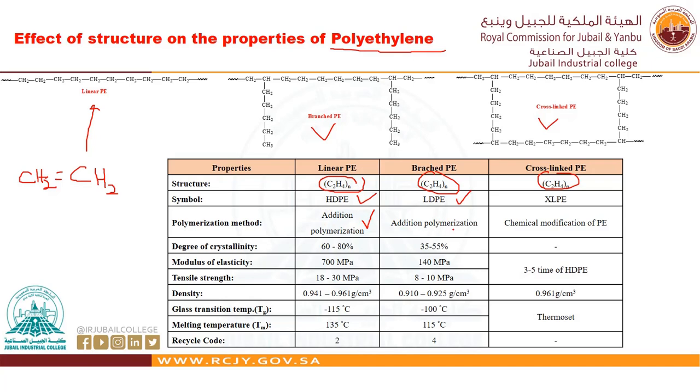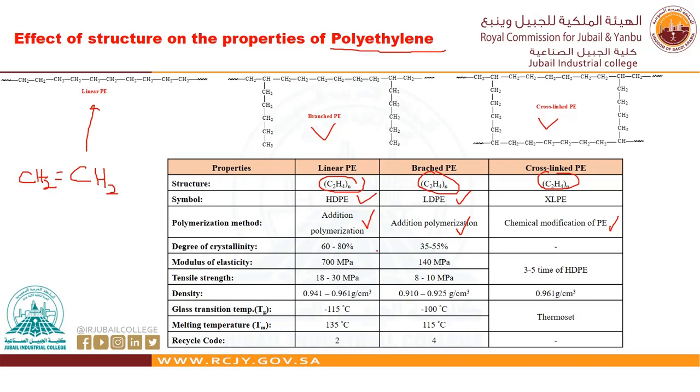The branched polyethylene is also produced by addition polymerization, but in most cases by free radical addition polymerization. And the last one is formed by chemical modification of polyethylene. After you produce linear or branched polyethylene, you can use a free radical initiator to cross-link the chains so that you end up with cross-linked polyethylene.